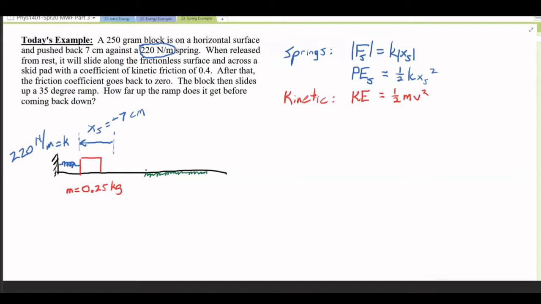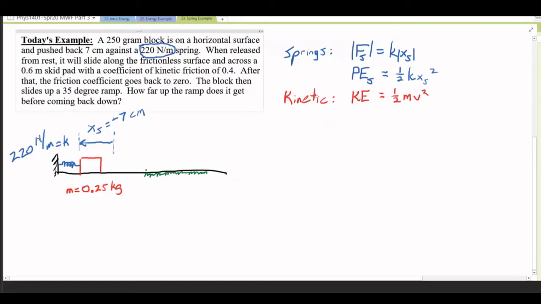I'm going to make it a 0.6 meter skid pad with a coefficient of friction of 0.4. So this is 0.6 meters. And that thing there has mu sub k, coefficient of friction, of 0.4.